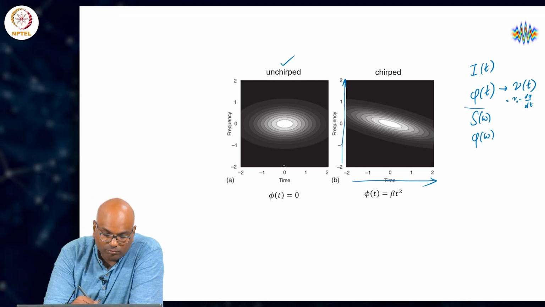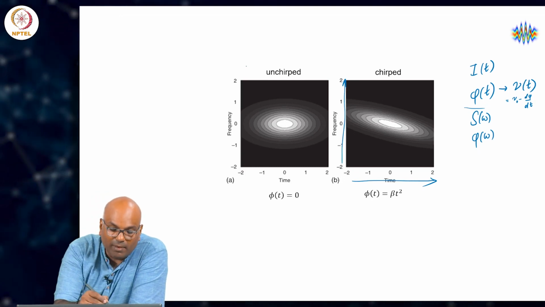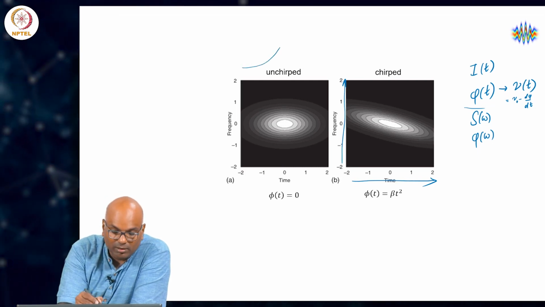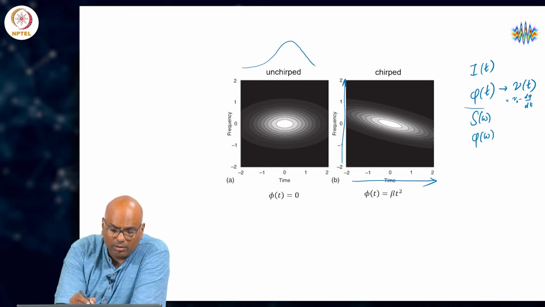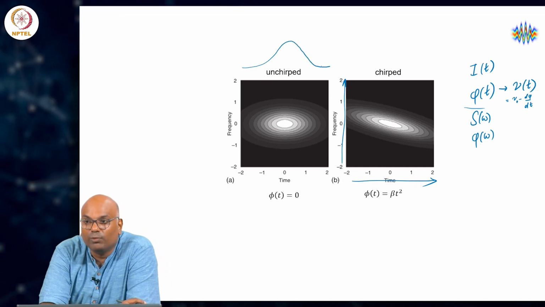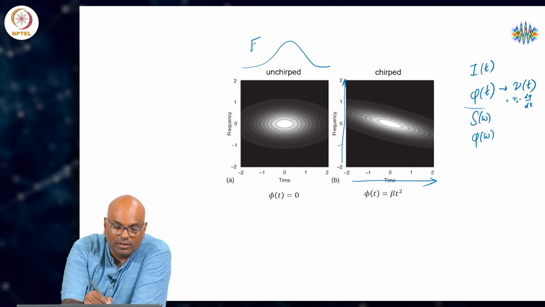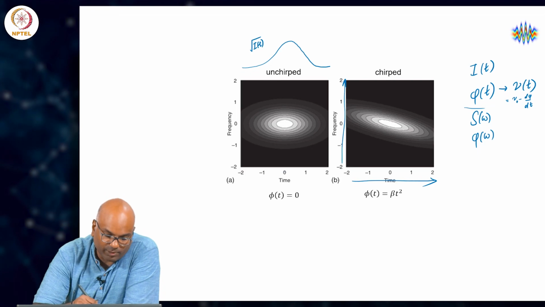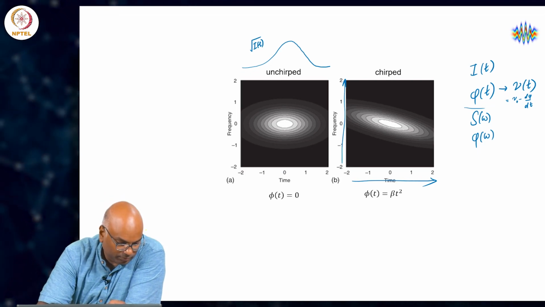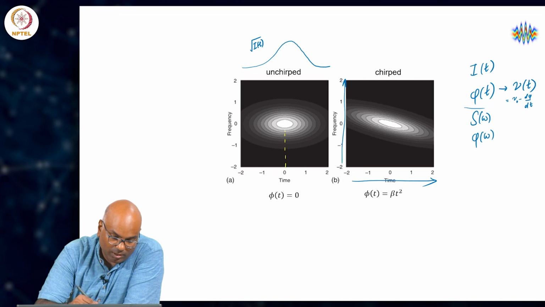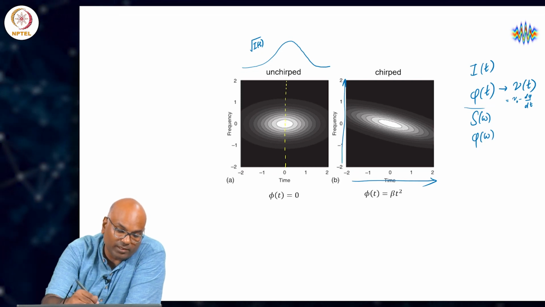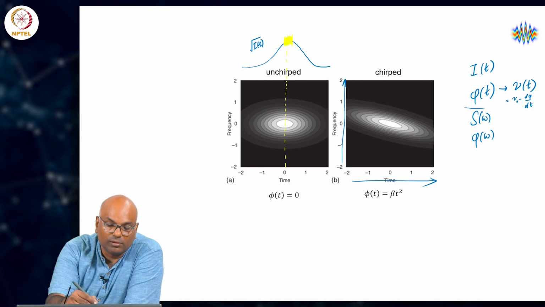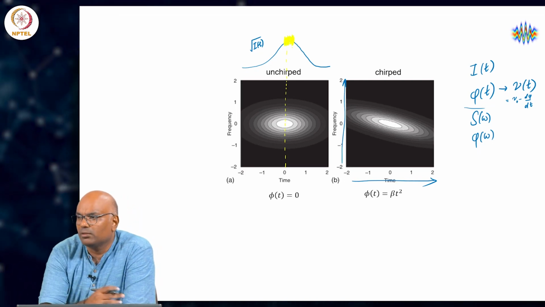Now, if we plot the amplitude of the pulse alongside on the same temporal scale, the amplitude would have looked like this, right. So, let us say this is the square root of I of t. Now, what we measure on a spectrometer is dominated by the spectrum coming from this central region of the pulse, is it not?